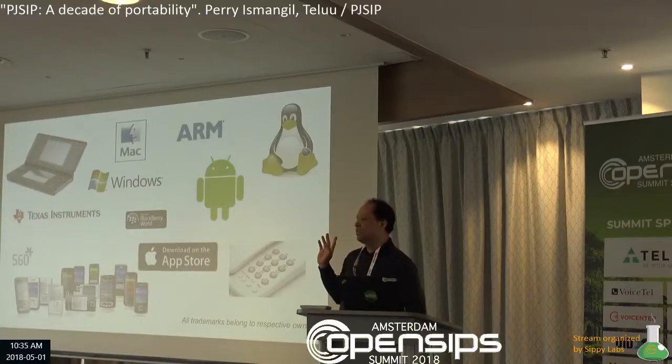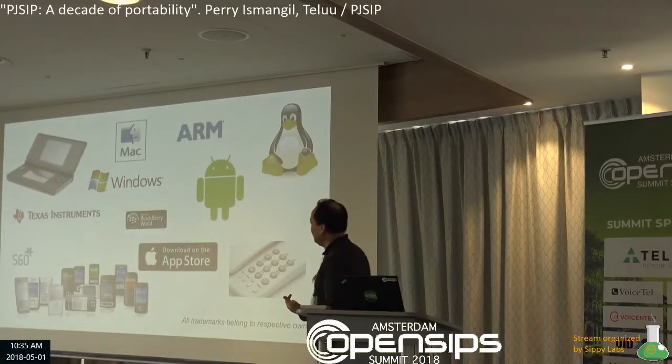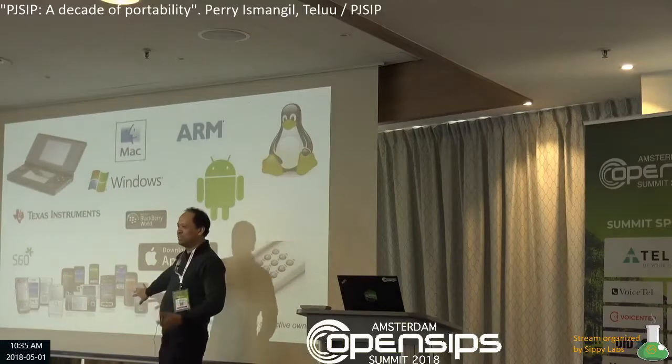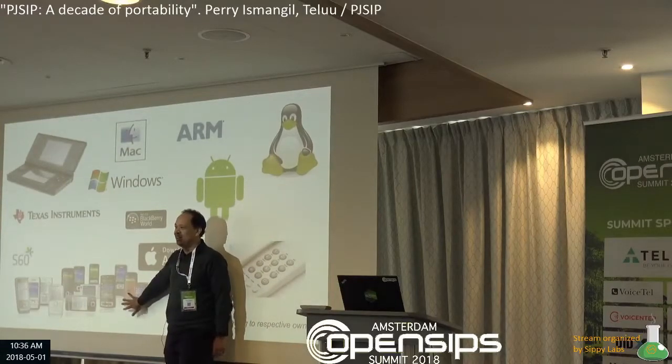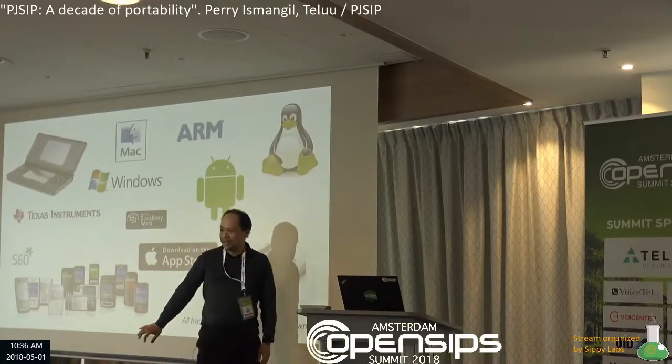Throughout the years, there are some platforms you might recognize or not recognize here. Obviously, Mac, iOS, Android are still here. But I don't know whether anyone ever used the Symbian S60 series. Obviously, this was the smartphone of the day.